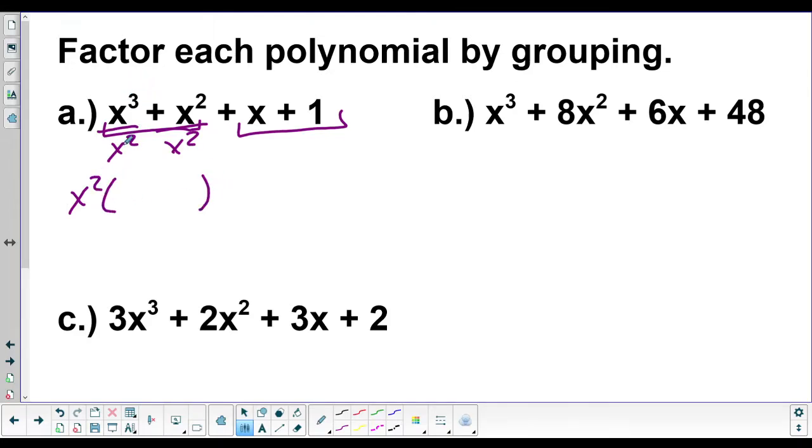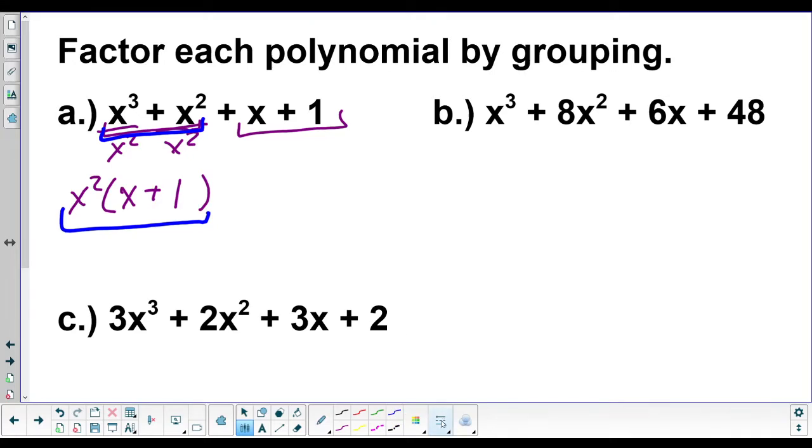We had 3, we took out 2, there's 1 left. Plus, we had 2, we took it out. What's x squared divided by itself? Anything divided by itself is 1. So this is this thing, but factored.